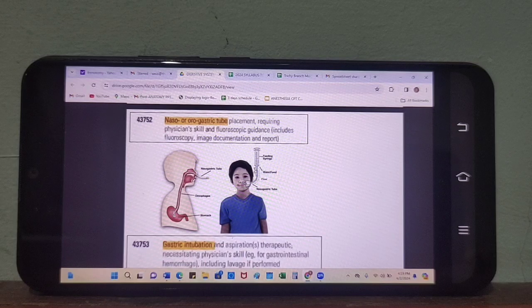Usually this type of NG tube placement is performed by a nurse only. No need of physician skill.